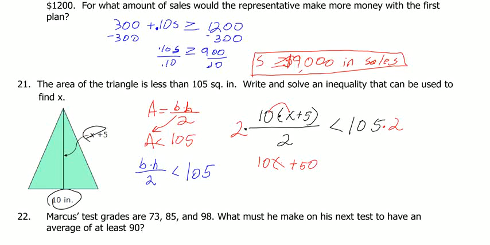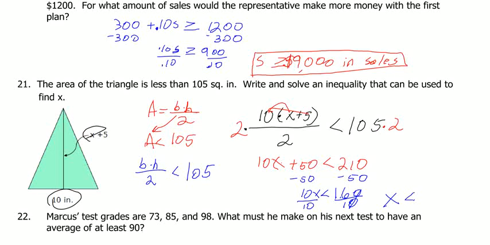Less than 210. Now I'm going to go ahead and subtract my 50 from both sides. And that's going to be 10x less than 160. Divide each side by 10. Okay, and that's going to be x less than 16.